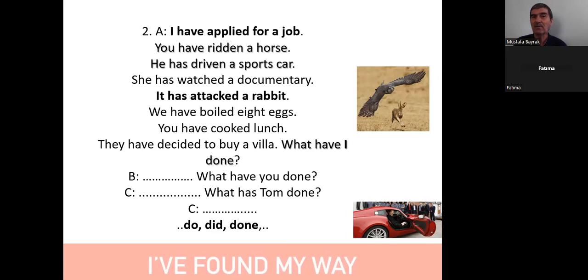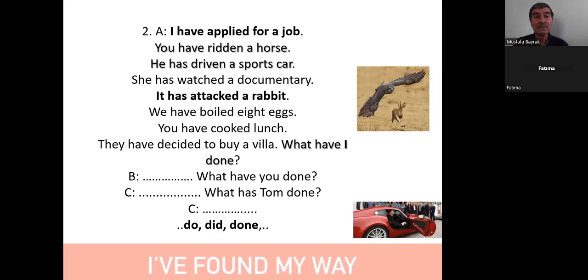This is really a perfect example. He has driven. It has finished. It has completed. Okay? It started in the past and has just finished now. He has driven a sports car. For that kind of situation, we use present perfect tense.